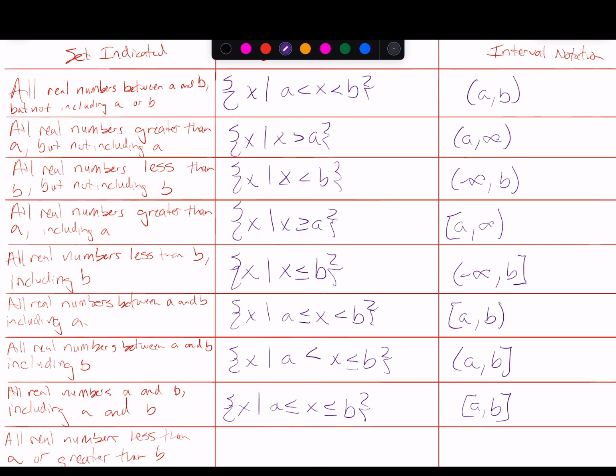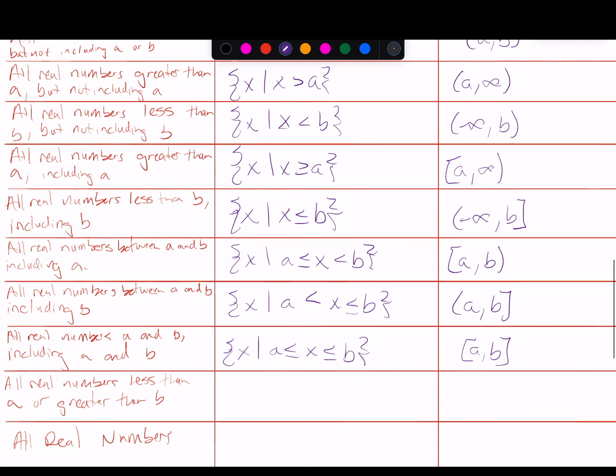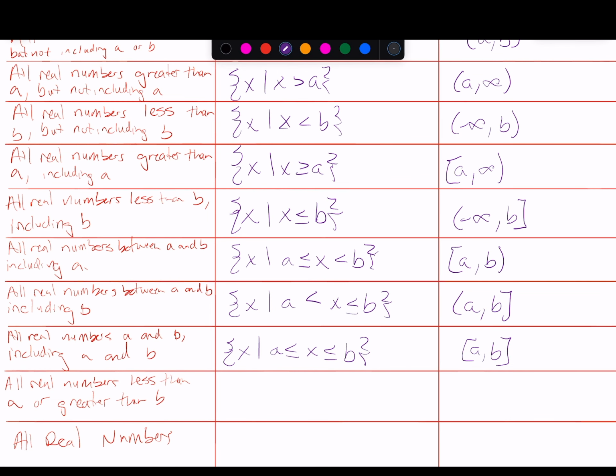All real numbers less than a or greater than b. Well, that's the set of all x such that x is less than a or x is greater than b. In this case, we have to have two separate intervals, which is a union of intervals, which means both are included. It's an or.